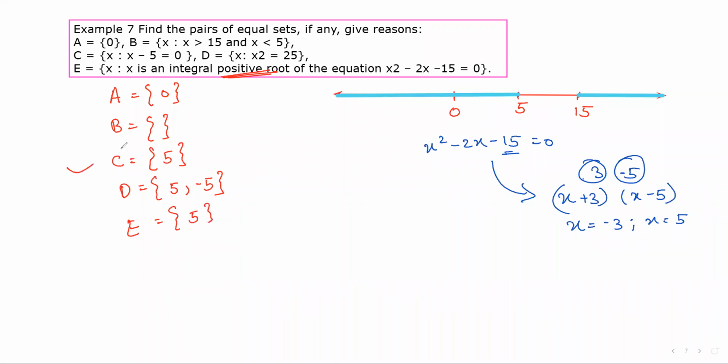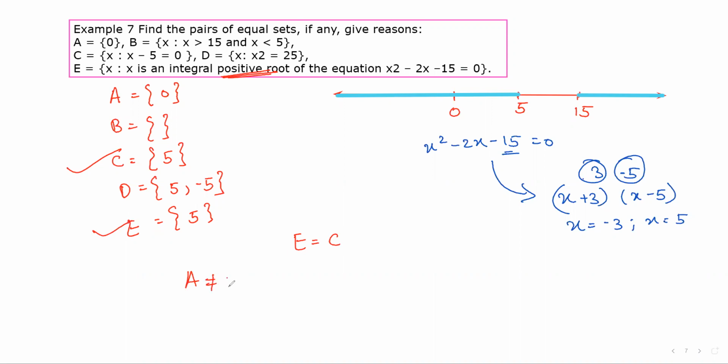By this, you can see that C and E, these both sets are the same. So E is equal to C. The rest are not equal to one another. You can even mention those.